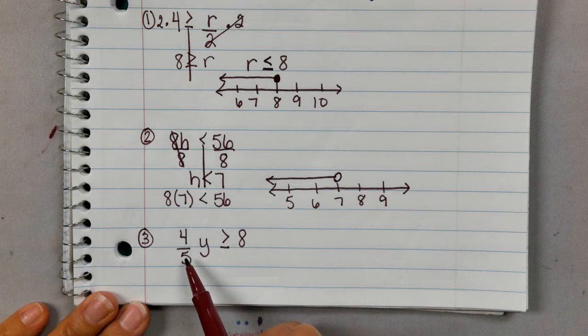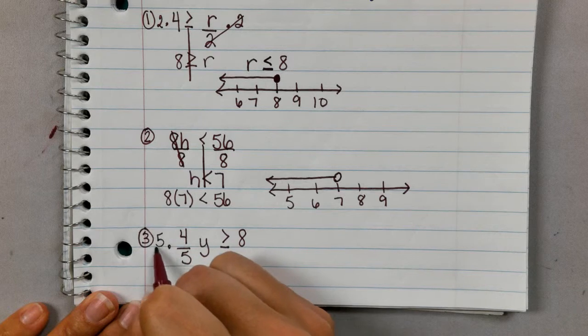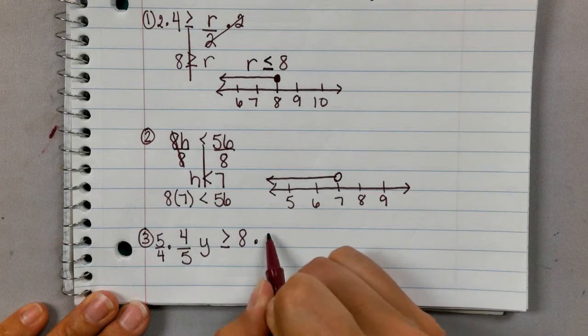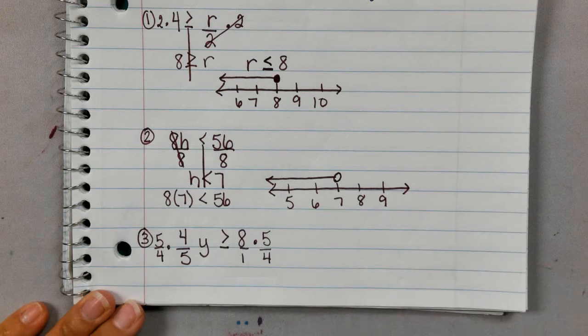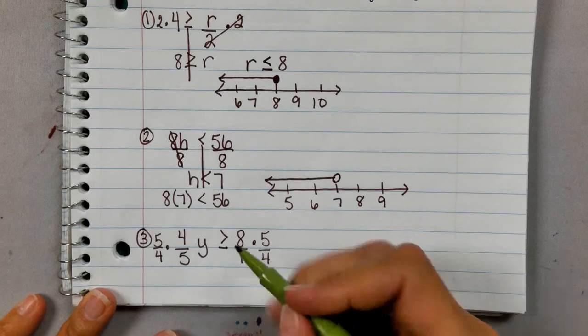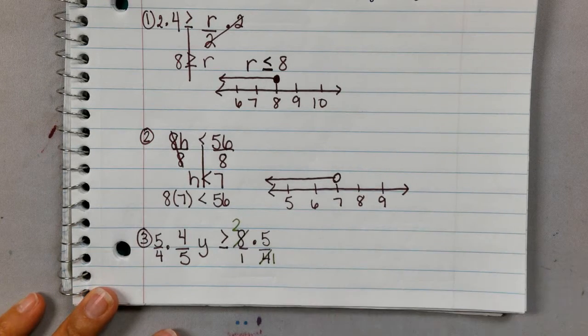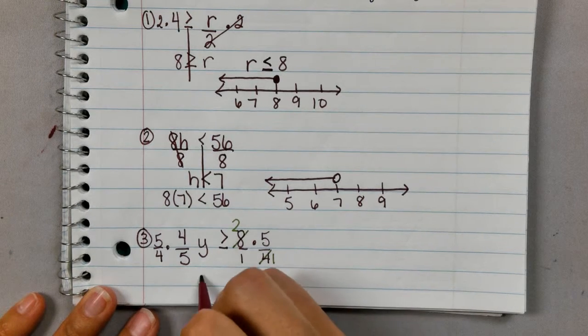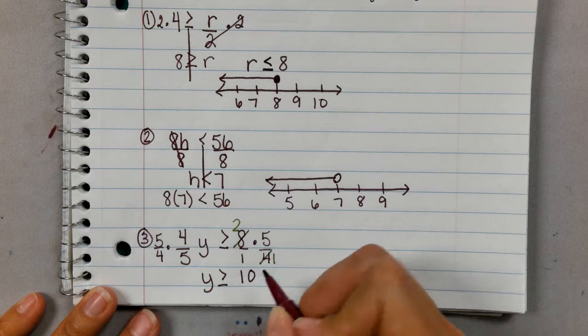So we're going to flip the fraction and multiply both sides by the reciprocal. So times 5/4. That means that our 8 has to go over 1. Now check to see if you can cross cancel, which you can. 4 can go into itself once and into 8 twice. And now when I multiply across, I'm going to get y is greater than or equal to 10.